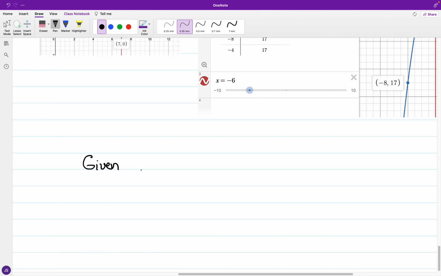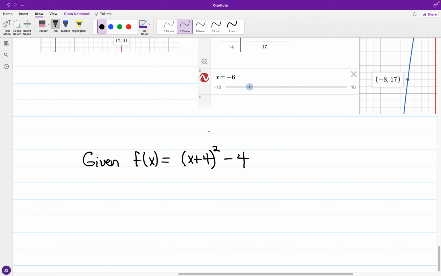Let's say we have a quadratic function, and I'm just going to put this in vertex form as well. Let's say we're given f of x is equal to the square of x plus 4, followed by the subtraction of 4.